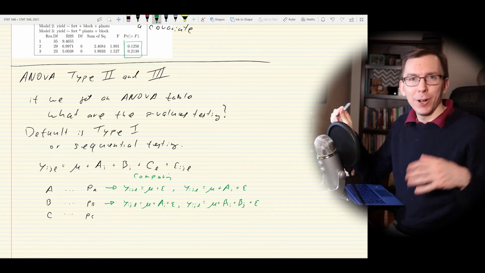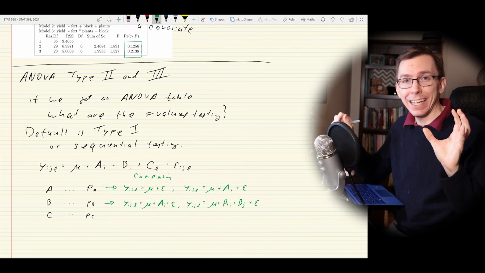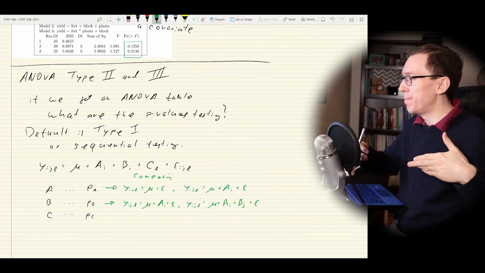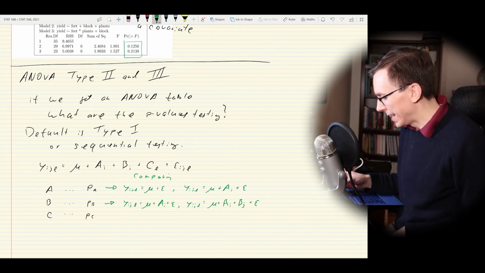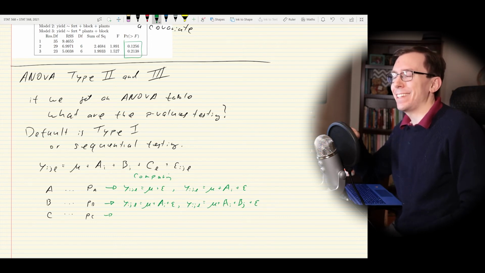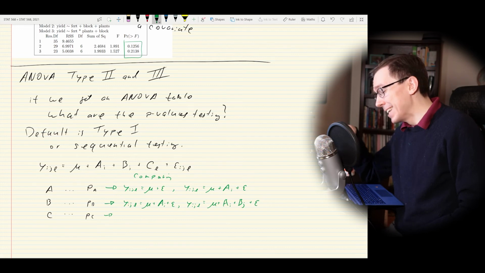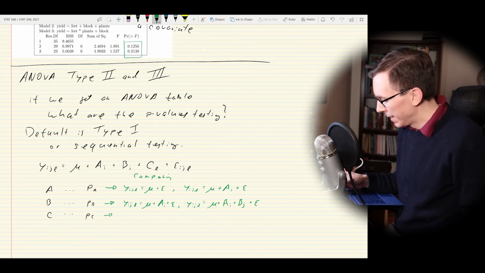So now we're saying we already have a global mean mu and we have factor A. What happens when we include factor B? Do we get any better ability to predict Y? That is, does the error sum of squares decrease enough given the number of parameters that I'm including in the model?